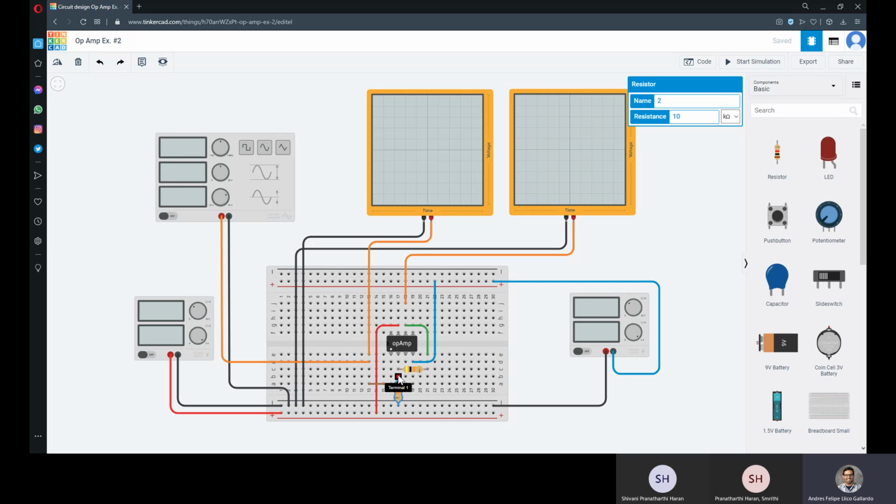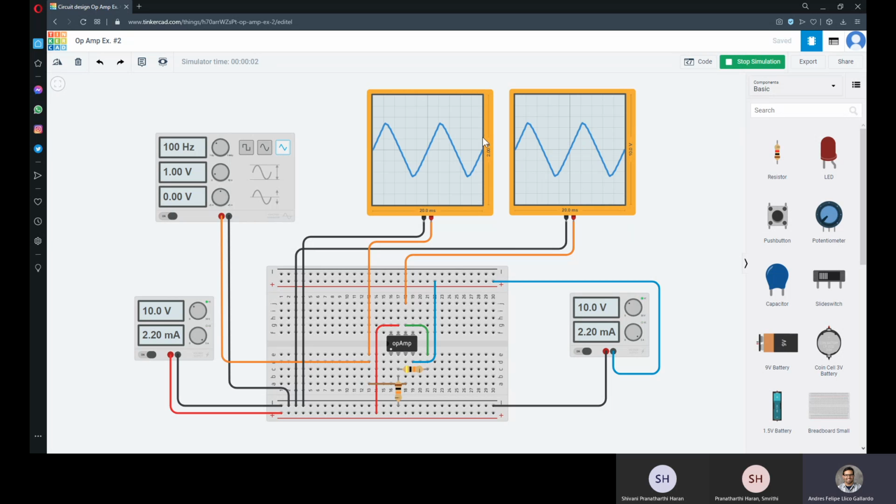And the negative terminal, we have one resistor going to the ground, and the other resistor connected to the output. Everything else remains the same compared to the last example. In this case, we have one resistor at 40 kilo ohms, and the other one is 10. So 40 over 10 is a factor of 4, and we know it's 1 plus the ratio, so 1 plus 4, that's a ratio of 5. So let's take a look.